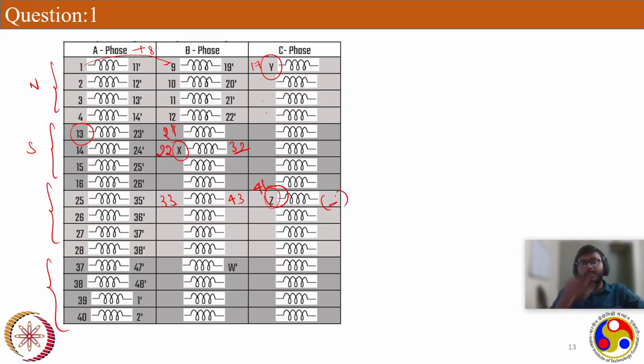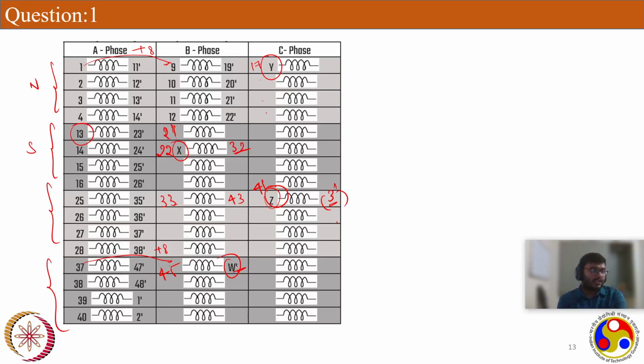Now you tell me what will be this number. By our logic, it should be 51. But yeah, it is 3 dash, for 51 minus 48. Okay, let's now find w dash now. So to find w dash, let's go here. What will be this number? It is 37 plus 8. It is 45.